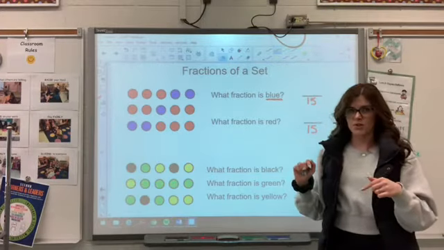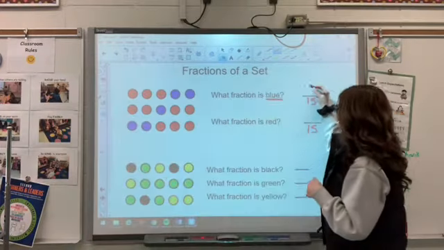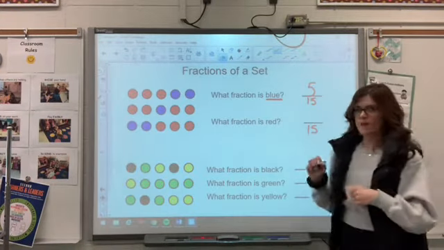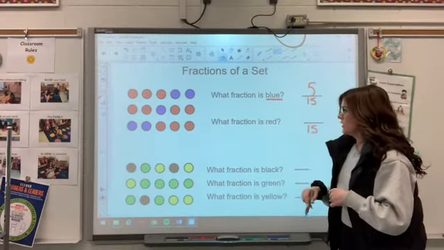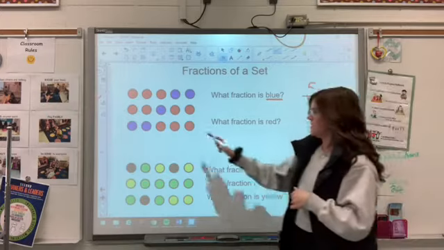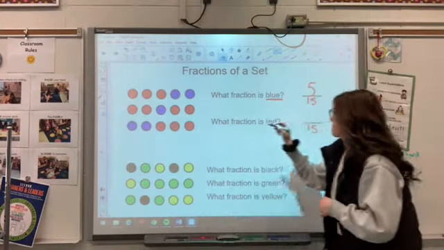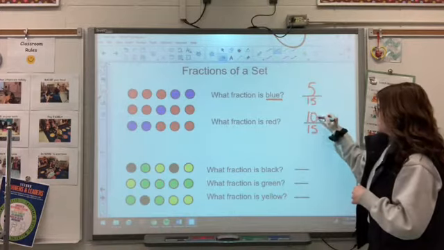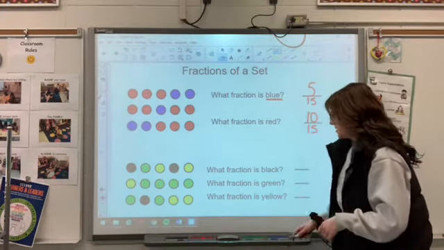How many of these circles are blue? 1, 2, 3, 4, 5. So I would say 5/15ths are blue. The next question is, what fraction is red? So I have to count how many pieces are red. 1, 2, 3, 4, 5, 6, 7, 8, 9, 10. My numerator is 10, my denominator is 15. I would read that as 10/15ths.